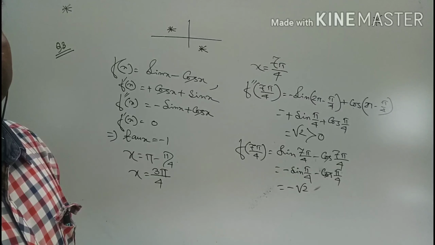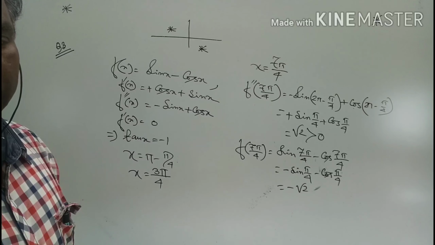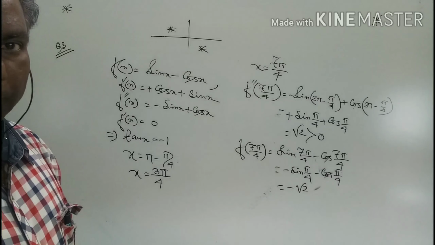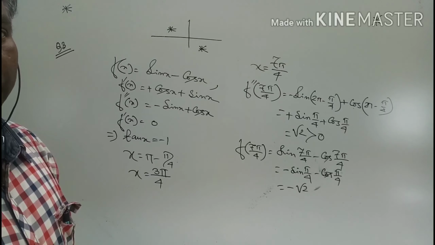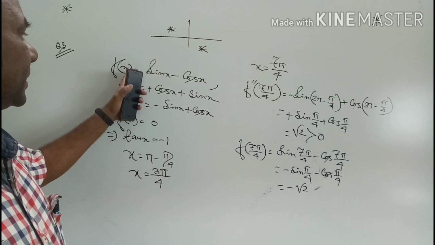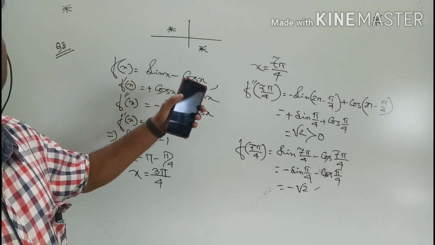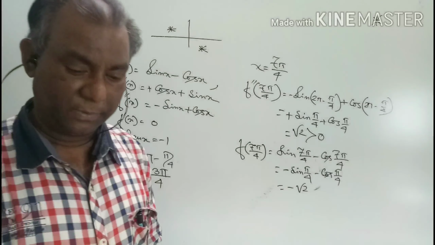If it is less than 0, it has maximum value. If it is greater than 0, it has minimum value, and equal to 0 has neither maxima nor minima. Then put those values of x in the given function, and you will get the minimum and maximum value.